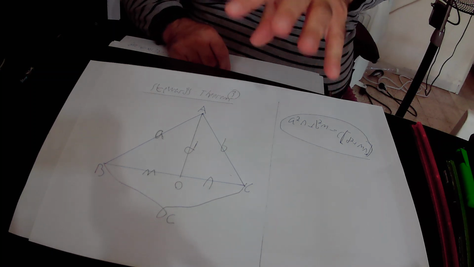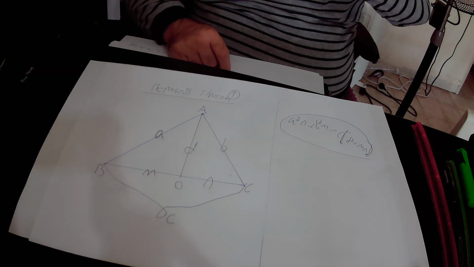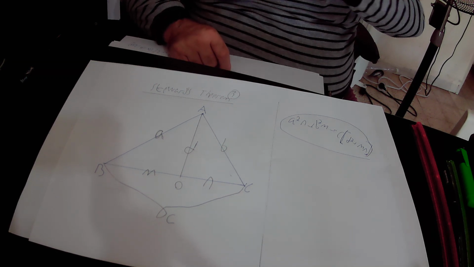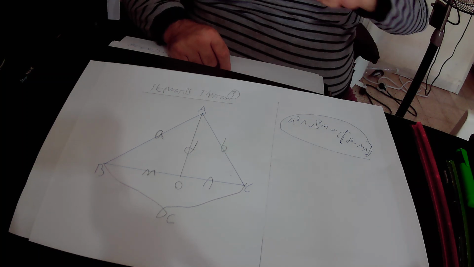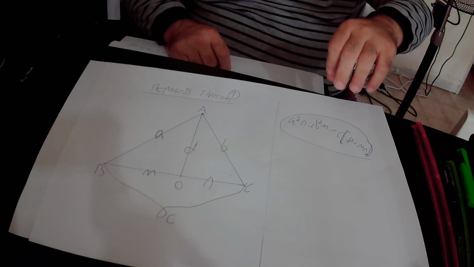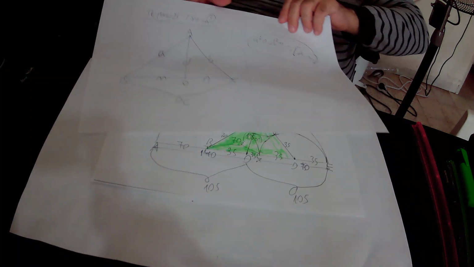Because triangle ABC could be any triangle, the equation is true in any triangle. So we implemented Stewart's theorem in the green triangle FBD.